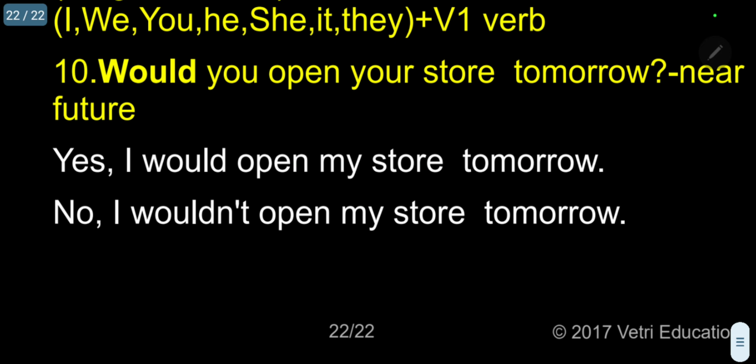Even though we are calling would the past tense of will, would is the near future, will is the far future, long duration, that may or may not take place. Would is 100% finite. Kindly follow.